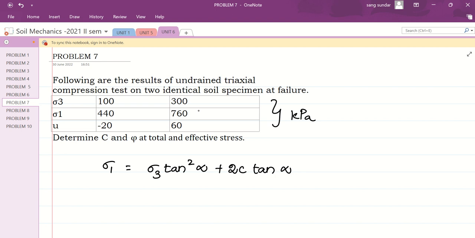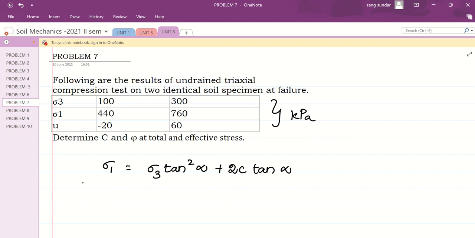They are asking us to determine c and phi values at total stress condition as well as at effective stress condition. At total stress condition, you can directly take the normal stresses, whereas at effective stress condition, you have to incorporate pore water pressure also.